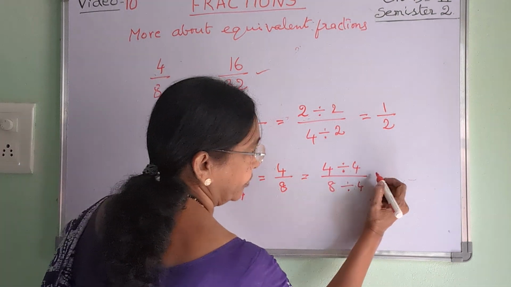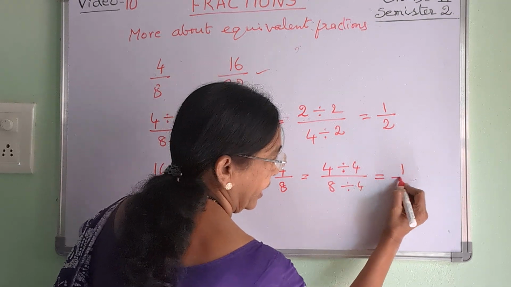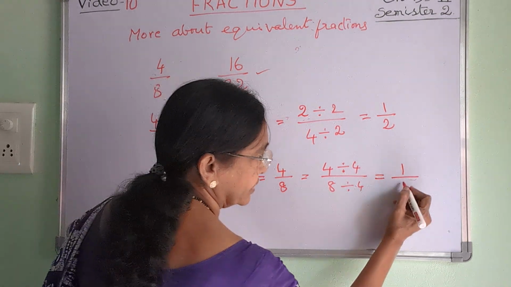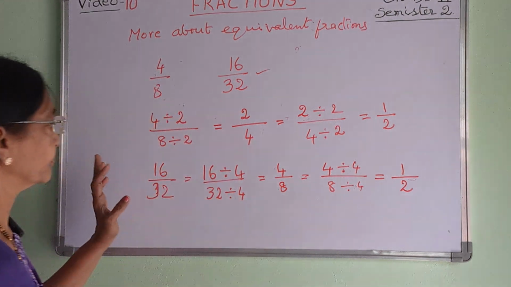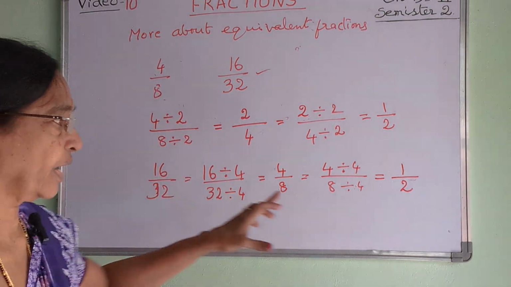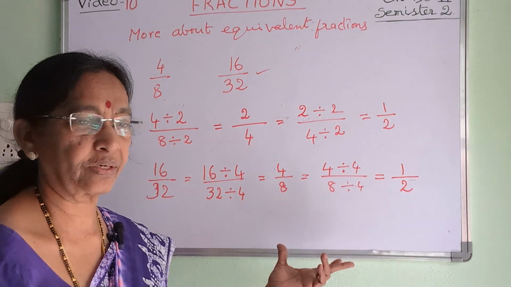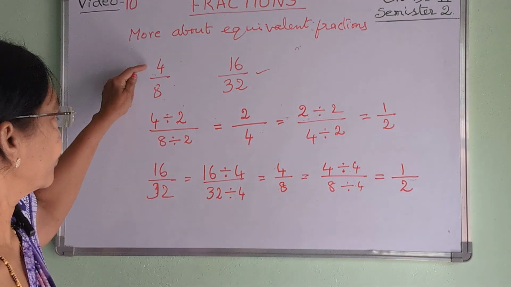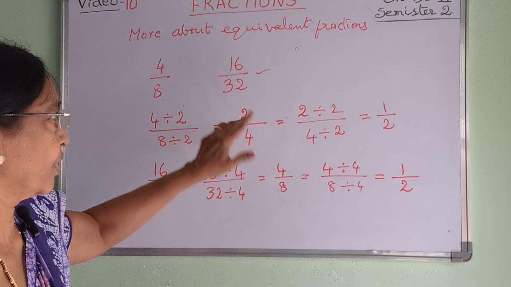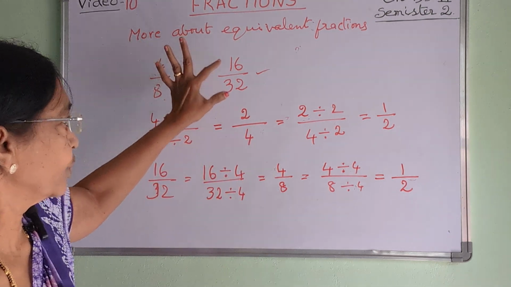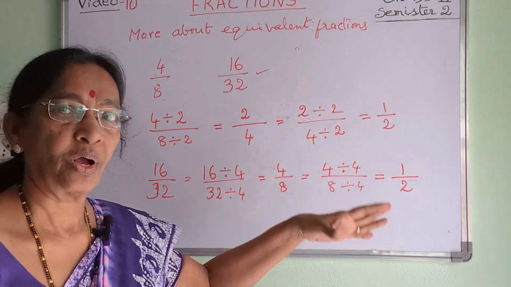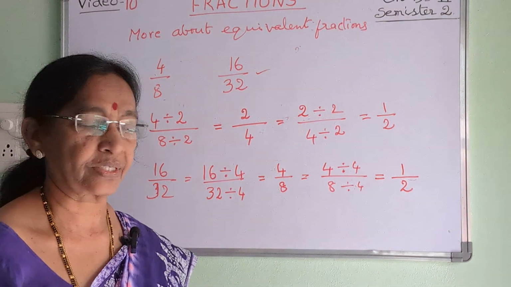So 4 divided by 4 is equal to 1 and 8 divided by 4 is 2. So 16 by 32 and 1 by 2 are equivalent fractions. Therefore 4 by 8, 16 by 32, 2 by 4, 1 by 2 are all equivalent fractions.